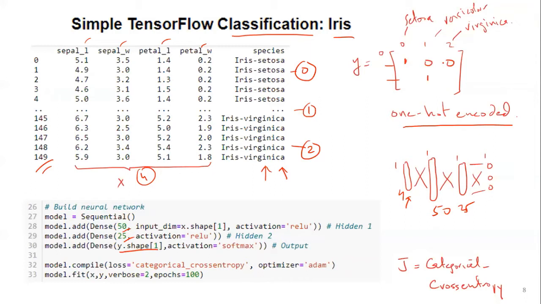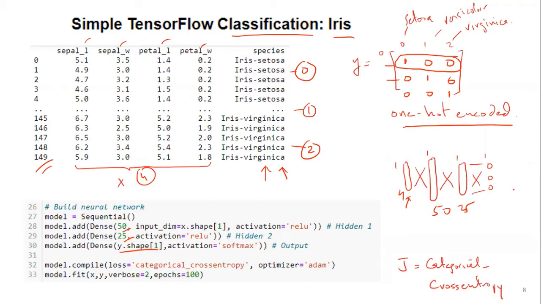So there'll only be 1 for every row, and the rest of them will be 0. And if it's of type 2, you would encode it like this. So this is something called one hot encoding. For every row, you'll only classify it into one of these possible outputs.